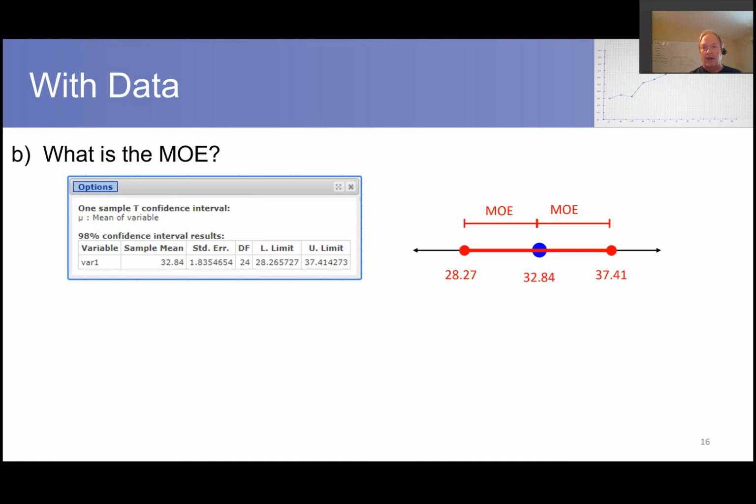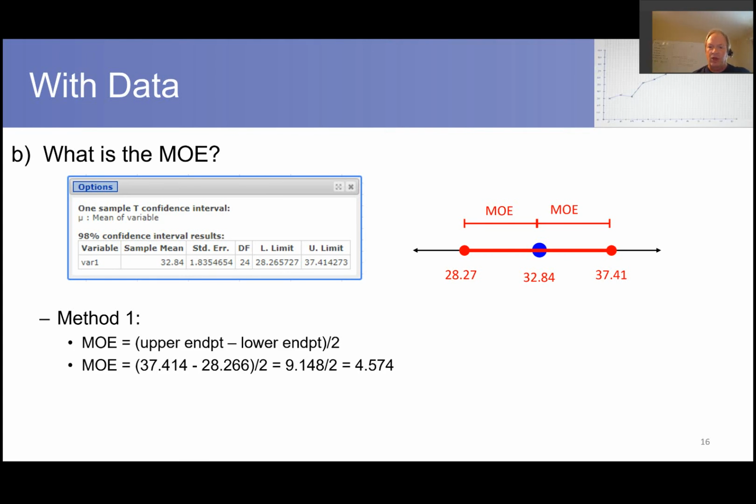Again, our margin of error, we think about it, it's that error bar, right, around our sample mean. It's saying I know the population mean is most likely not the sample mean, so I'm going to put this little error bar, and I think the true population mean is in there. So if we want to find the margin of error, the first thing you can realize is that it's 1/2 the length of the total interval.